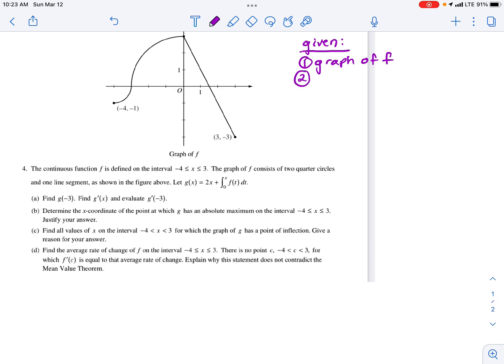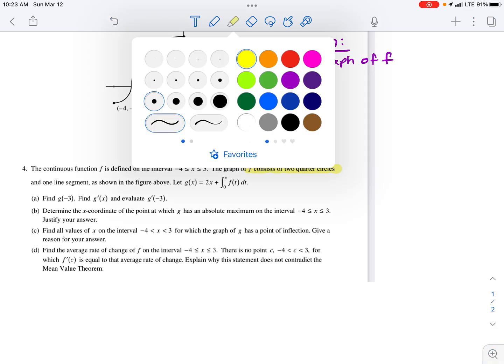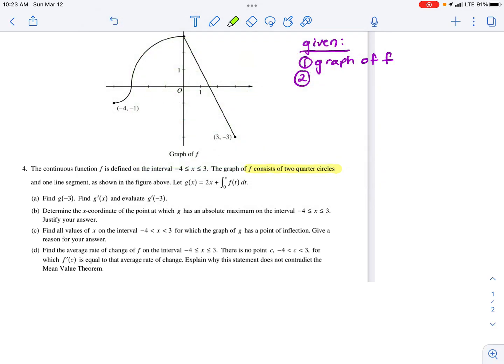And then I'm also given that the graph of f consists of two quarter circles, right? So that might be helpful for us, just because maybe using the quarter circles might be useful for area or something like that with integration. And then I'm also given the function g. So I'm given g of x.